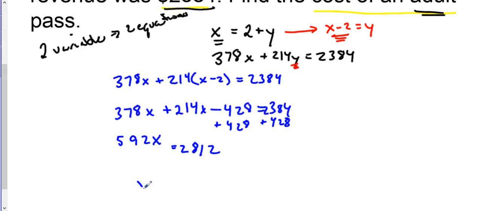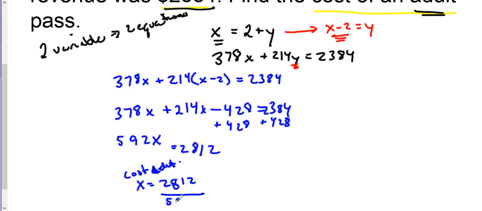Next thing we're going to do is solve for X. Remember, this is the cost of adult passes, which is what we're looking for. So we have 2,812 divided by 592.